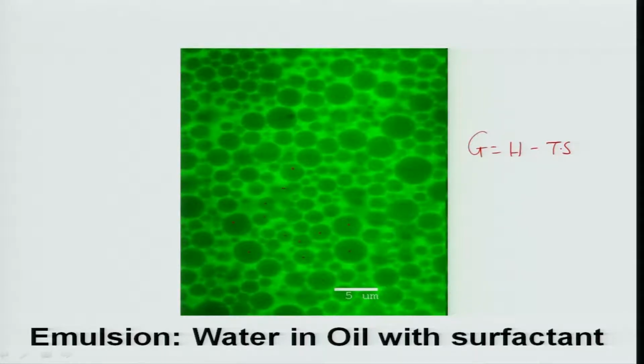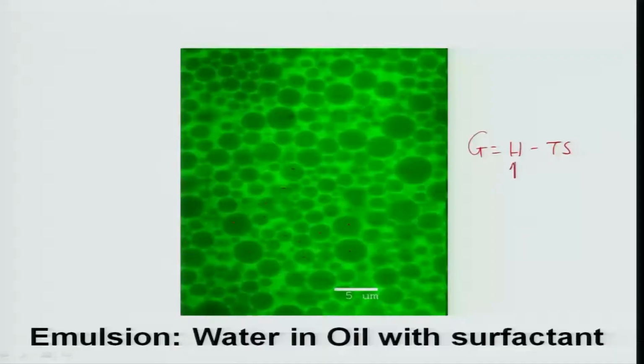Now, I told you that entropy will always allow two things to mix, because if I mix two things together, the entropy of the system will be higher, or rather the system will try to reduce energy by increasing the randomness, that is, increasing the entropy. But enthalpy depends on bond energy. So, if two molecules are not liking each other, they are not forming bonds with each other, and enthalpy will be positive and high.